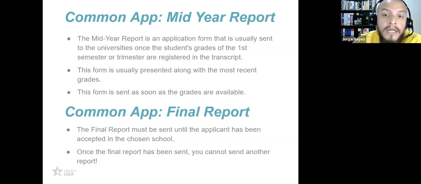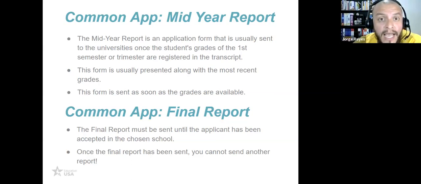And once you finish, we can add the final report, which will contain all the credits and all the grades from your high school. Don't stress at this point with this, because you're going to have time with your advisor to discuss this. We are here to help you.